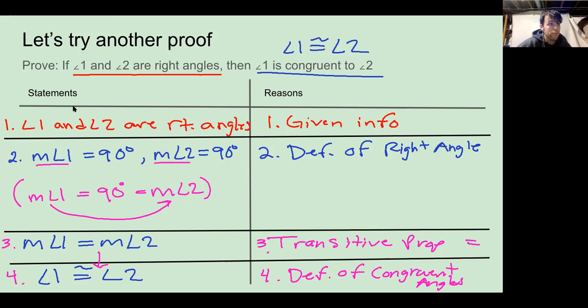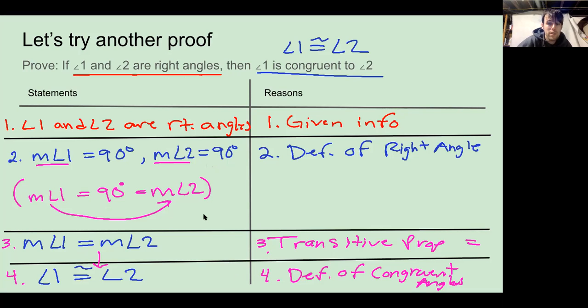Again, a short proof, not too complicated. In fact, if I just asked you to explain this, you probably would have said very similar things. You would have said, well, since they're both right angles, that means that they equal 90. And so since they both equal 90, then they would have to be congruent to each other.